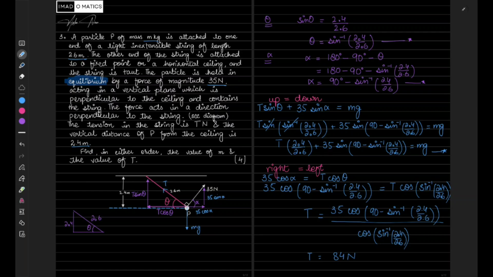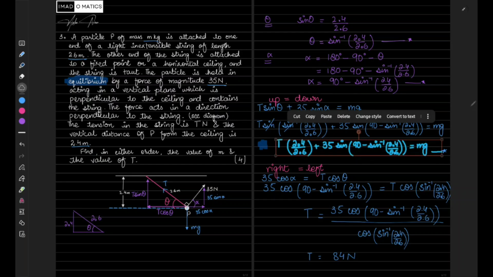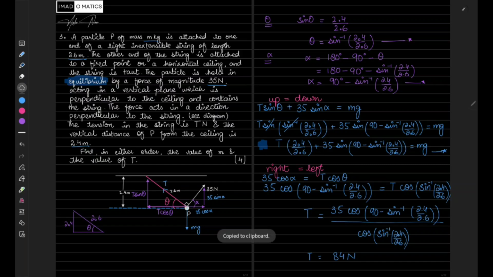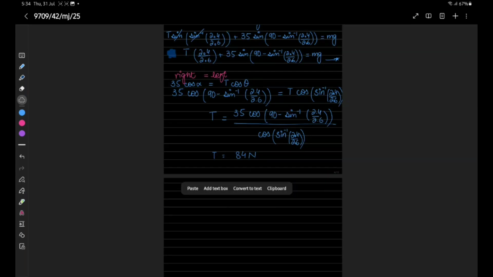And now we need to find M. So we'll simply be substituting this value of T into your equation 1, this equation, to get M. So let's do that. So just substituting in this the value of T, that is 84 Newton.